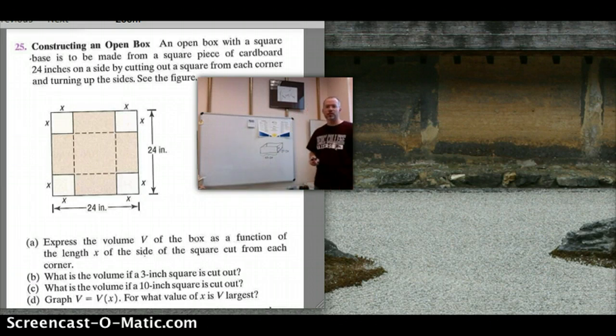I hope that's legible to you. So we get an open box that has a square base, and each of those lengths would be 24 minus 2 times the length of the square we cut out of the side, and then it would have a height equal to the length of the square corner that we cut out. And the question in part A is, can you come up with a volume function in terms of that length x?